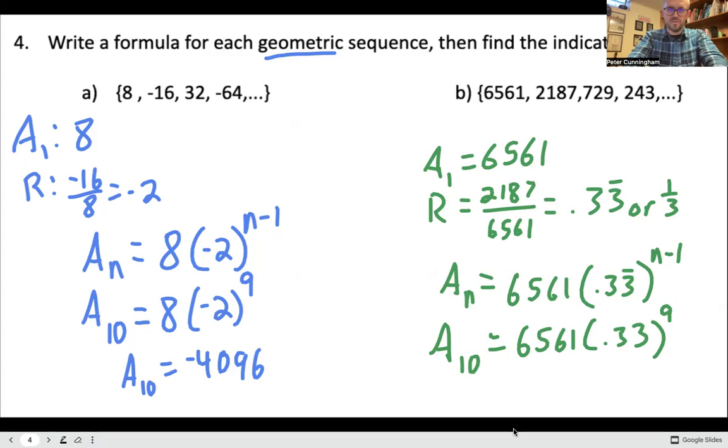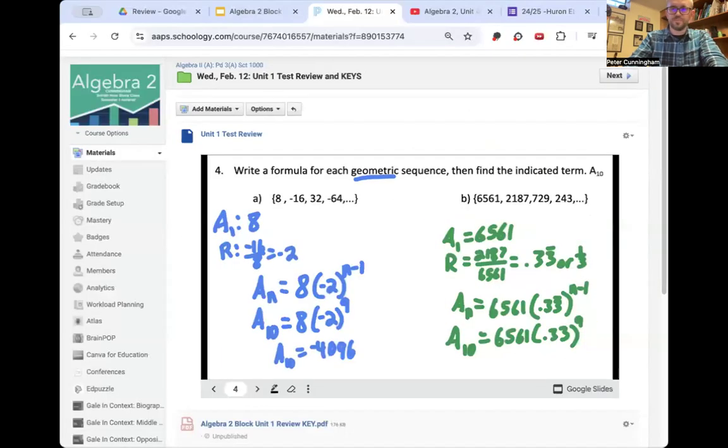and of course, every time I do that, I forget what number I just said. 6561. 6, 5.